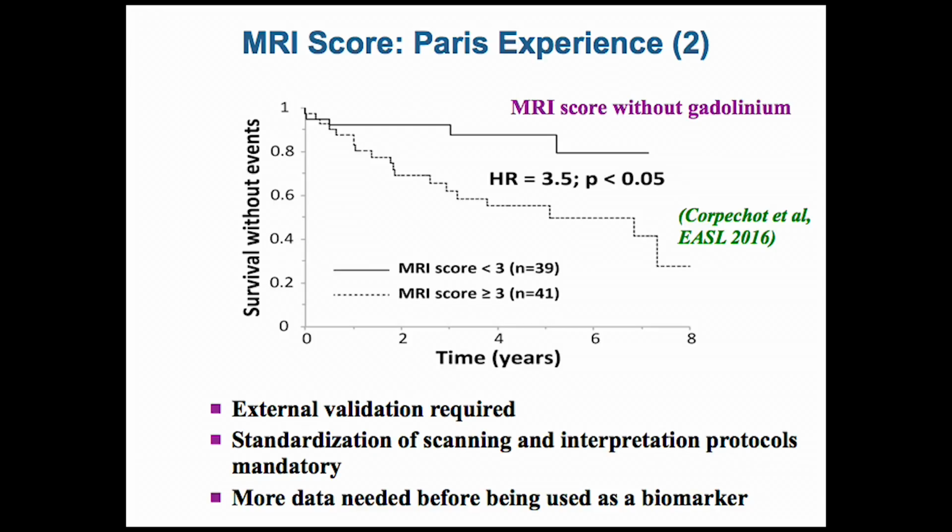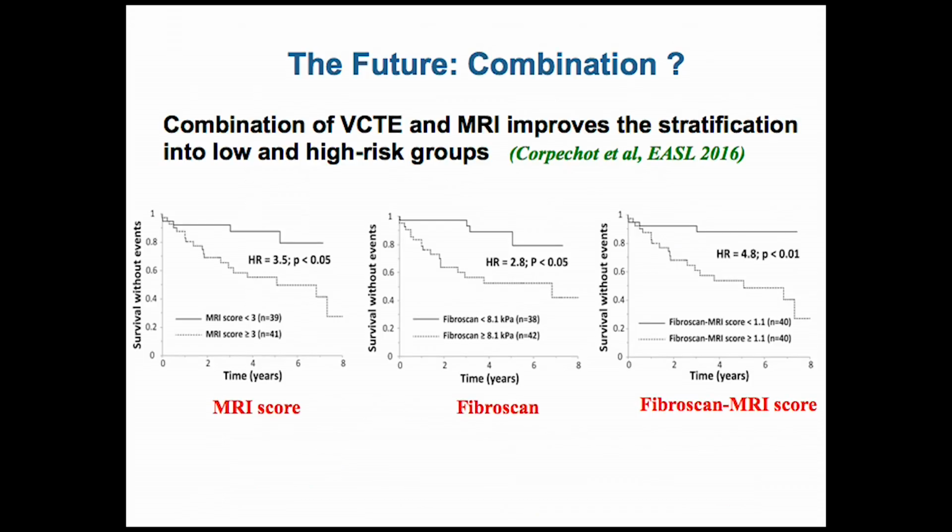But of course, external validation is required, and I'd like to focus on the need for standardization of scanning and interpretation protocols. It's really mandatory, and at this time, more data is needed before being used as a biomarker.